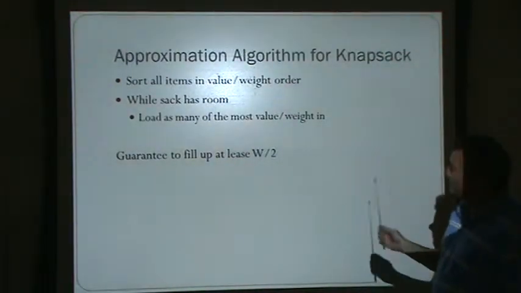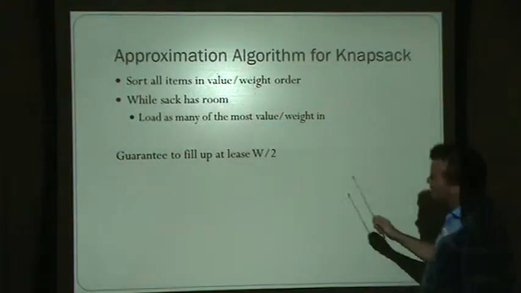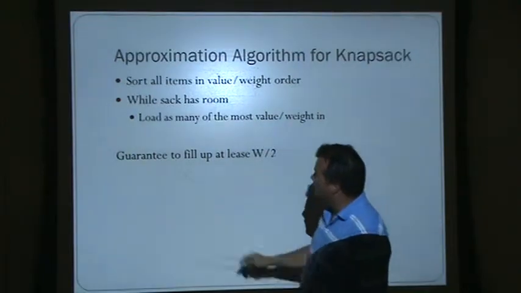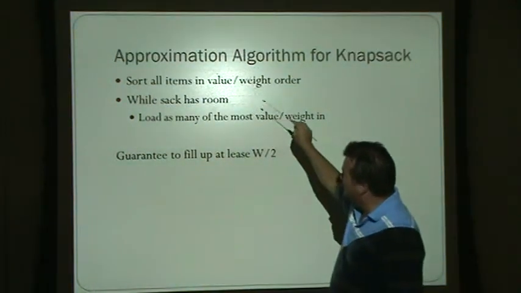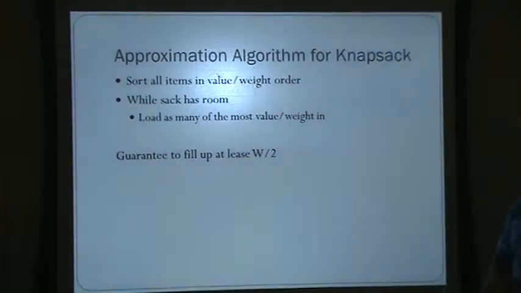An example of an approximation algorithm for the knapsack problem would be, as if we could get partial credit for items, to sort all the items by value divided by weight. If something's worth $10 but only weighs 5 pounds, that's a gain of 2, let's say.